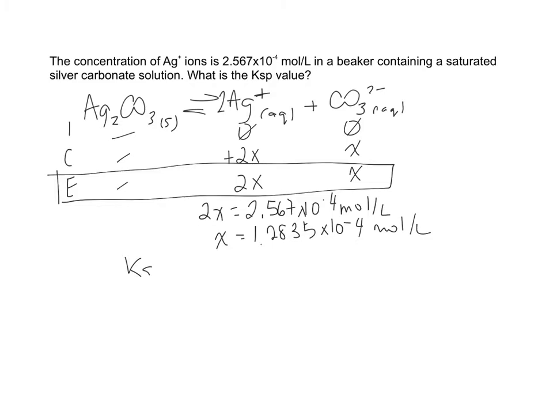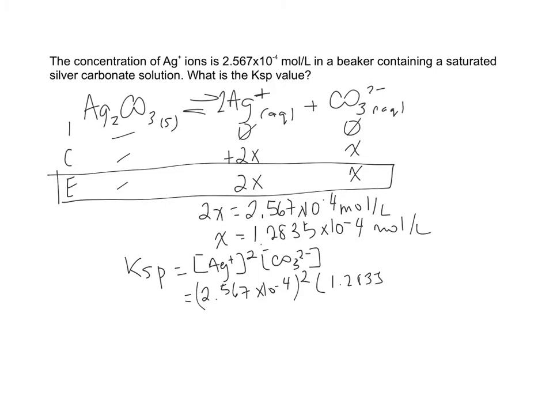So our Ksp expression, concentration of silver ions, second order, carbonate, first order. So 2.567 times 10 to the negative 4 squared, and 1.2835 times 10 to the negative 4.